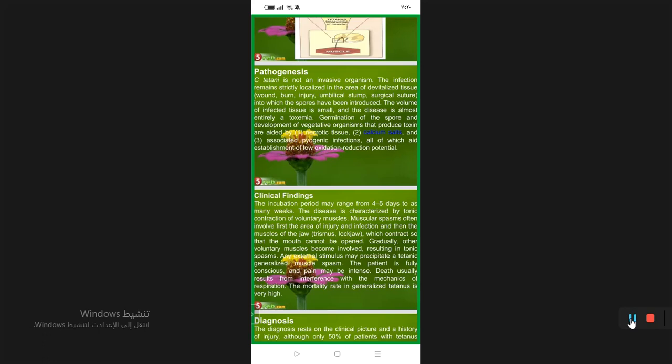All these factors help decrease the concentration of oxygen, which helps in the growth of this bacteria. This bacteria prefers anaerobic conditions.